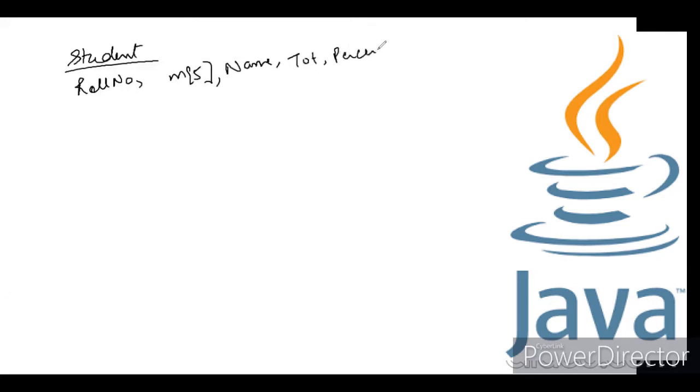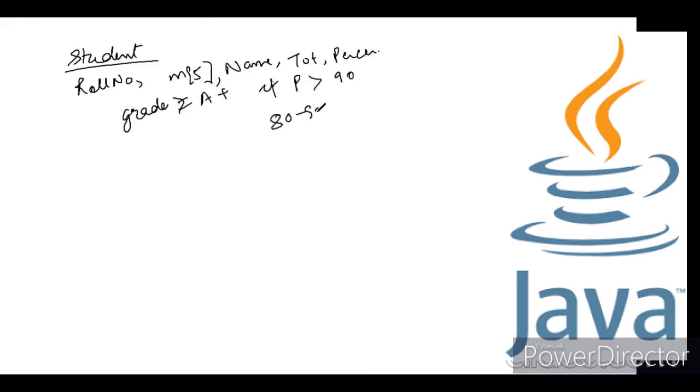So I have a question now. We have to create a student class in which we have roll number, an array of 5 marks, name, total, and then you have to calculate percentage. You have to give grade as A plus if percentage is greater than 90.